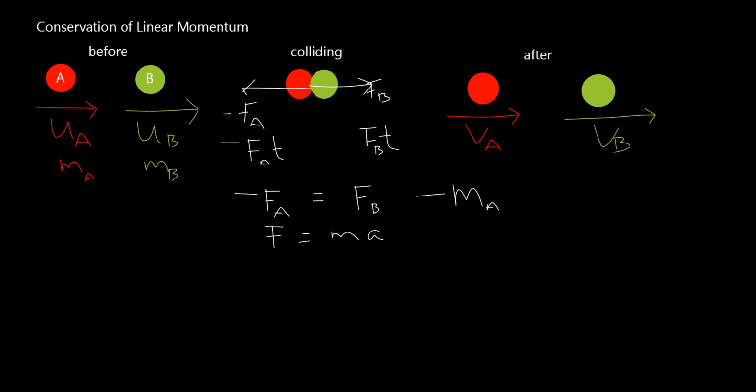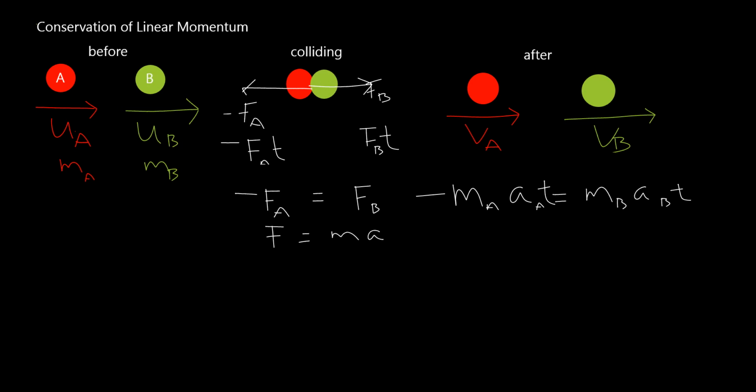ma times the acceleration of A equals mb times the acceleration of B. And in fact, because they're both in contact for the same amount of time, I can multiply both sides by t to get that equality.